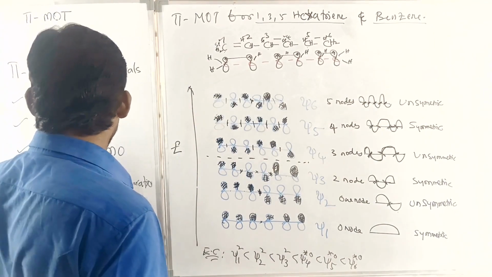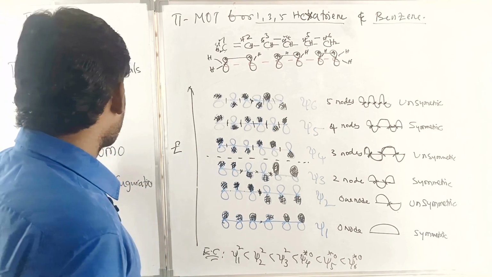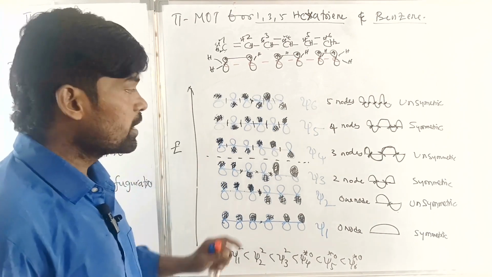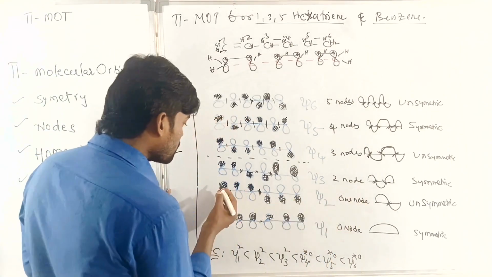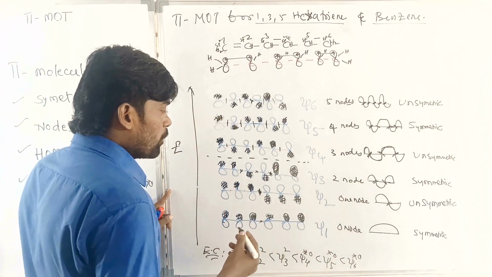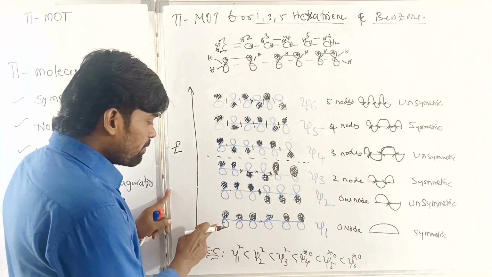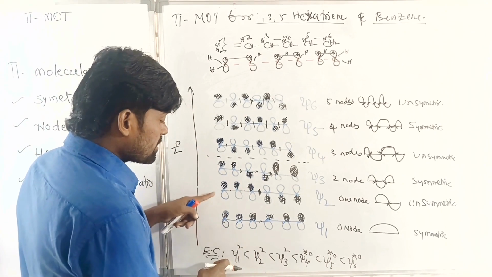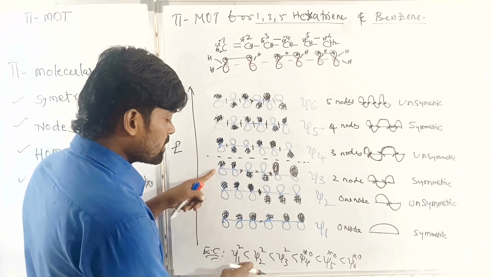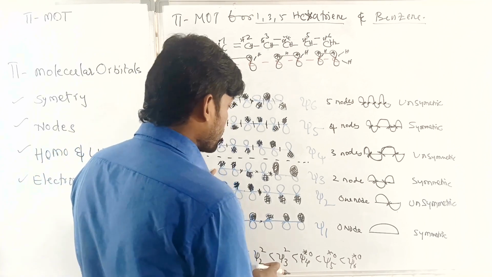Now, let me tell you which one is HOMO and which one is LUMO. Psi 1 is occupied with 2 electrons, psi 2 also, psi 3 also occupied with 2 electrons.